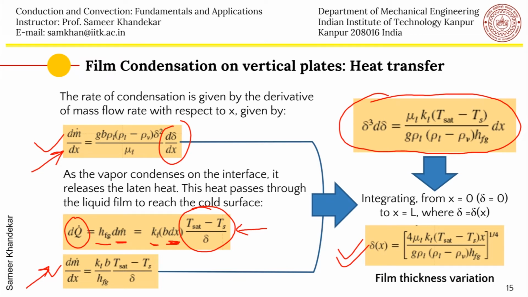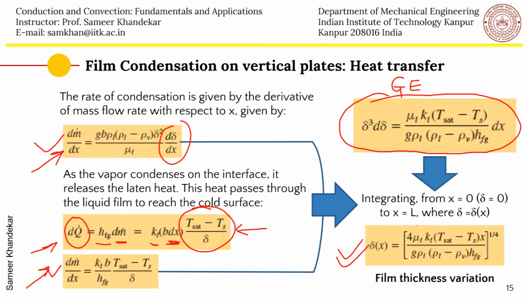That is how the delta varies, because the film thickness delta is a function of the location. It is also a function of the delta T which has been applied, that is T saturation and Ts, and of course the thermophysical properties of the fluid and the latent heat, which comes from the energy equation here.